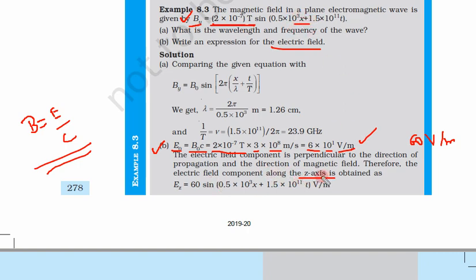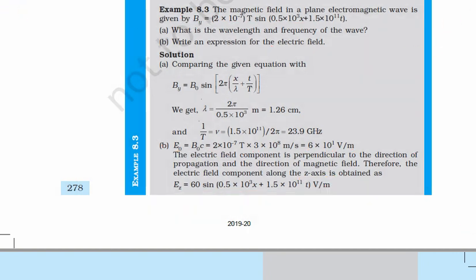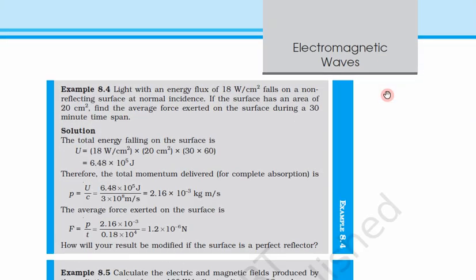So what is the equation? Ez is equal to E0, which is 60 sine, and this thing is the same: 0.5 into 10 to power 3 x plus 1.5 into 10 to power 11 t volt per meter. So this is our electric field. This electric field is in the z direction, and this is a time varying electric field.